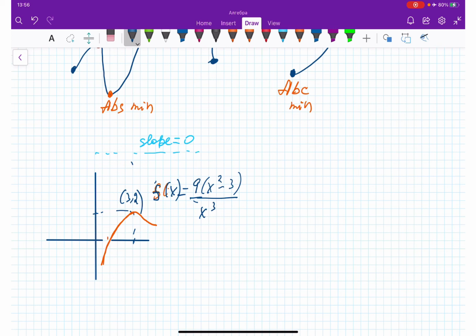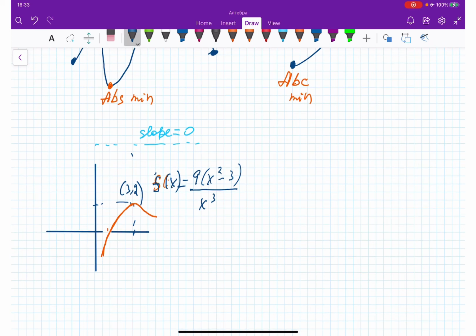So what we're going to do in this case? We are going to take the first derivative, right? So to find the value of the derivative at each relative extremum, we are going to take the first derivative. Okay?